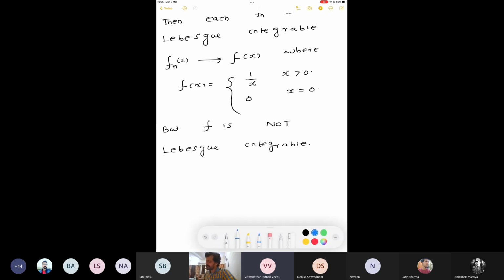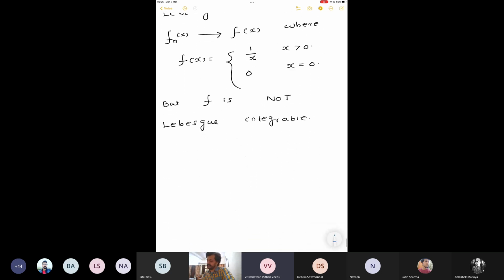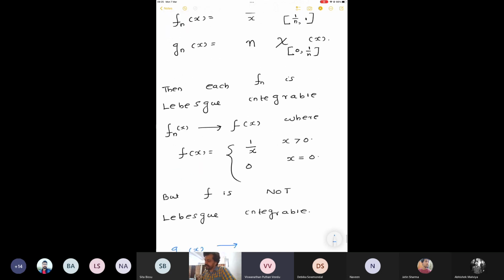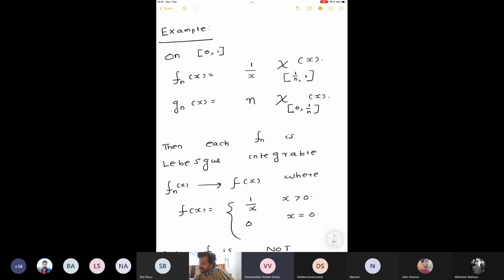Okay. Next, let us consider g_n. g_n(x) converges to, where will it converge? Can you guess? As n tends to infinity, what happens? 0.